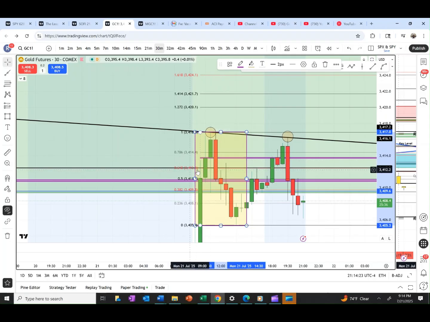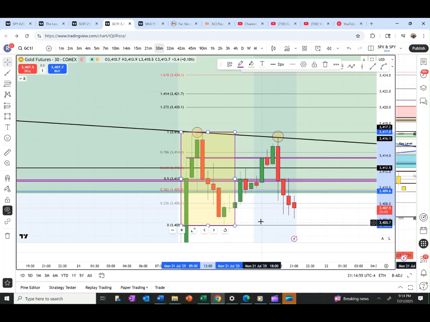When price is under this level, price should not break and hold above this level in a significant way or on a higher time frame, because that would nullify us wanting to go down, right? It would shift the bias back going up. It would shift the bias going to the upside again. Okay.